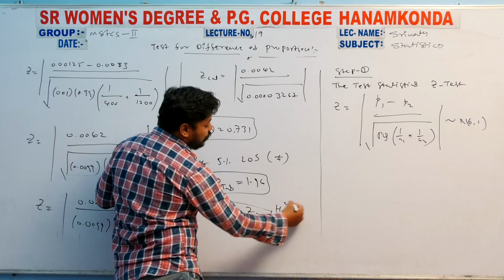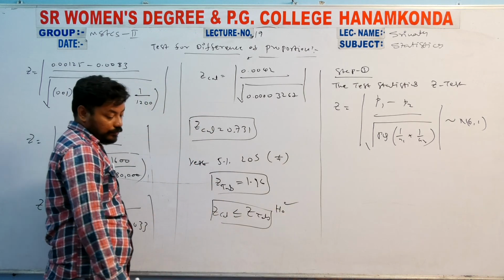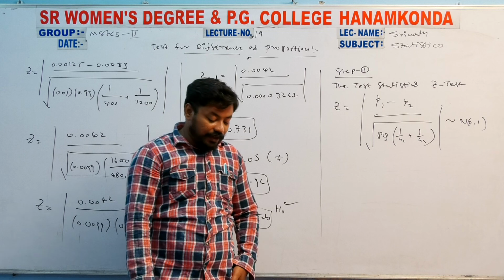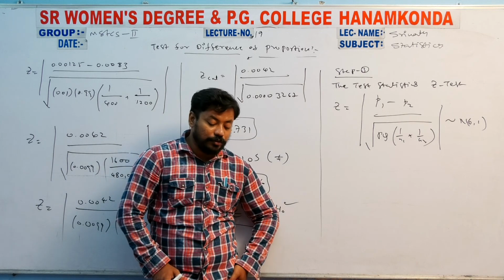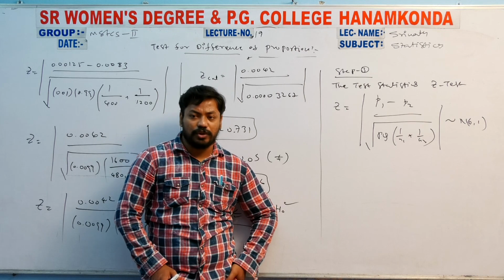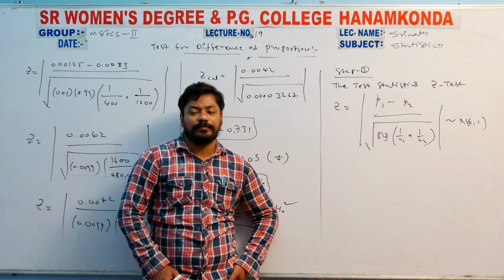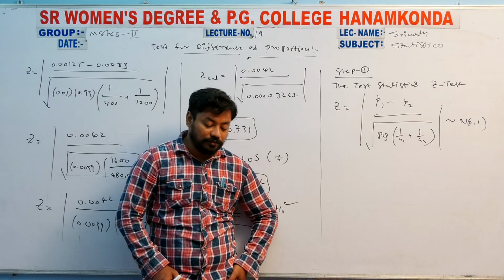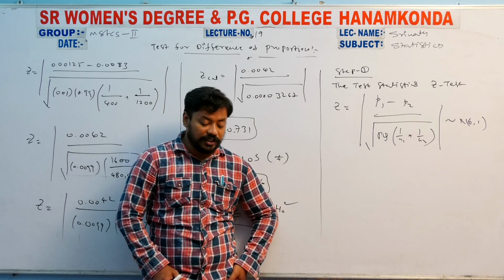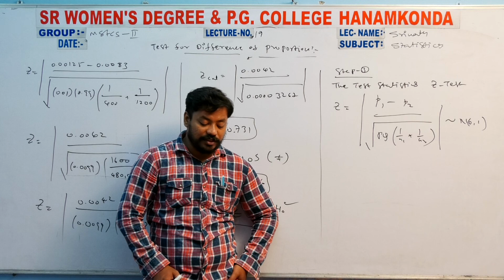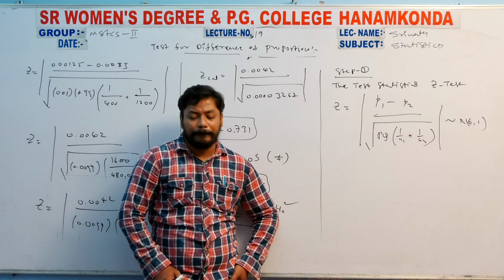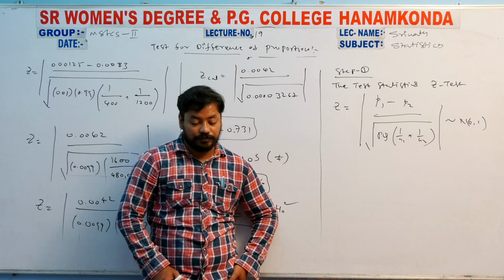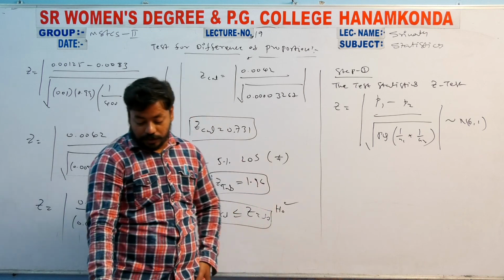The condition is satisfied, so H0 is accepted. If Z calculated is less than the Z table value, then we accept the null hypothesis H0; otherwise reject H0. The result: H0 is accepted. What is the result? There is no significant difference between the proportion of TB in the two colleges. This is related to the first question.